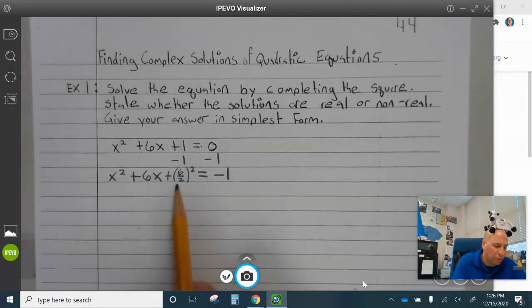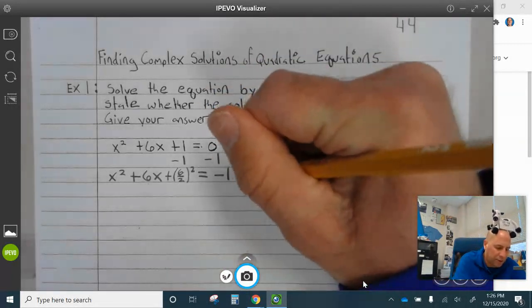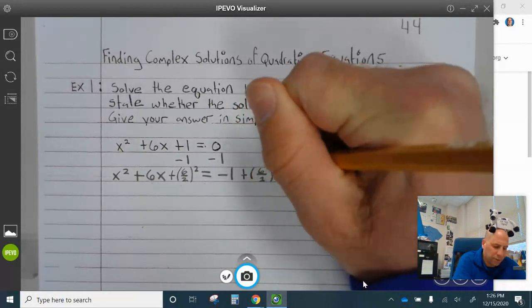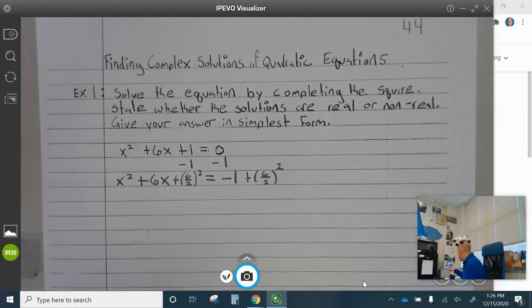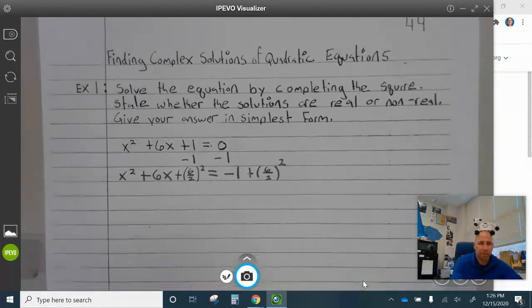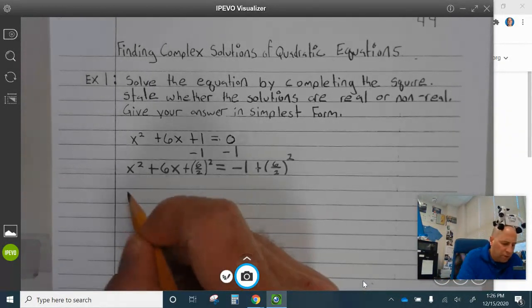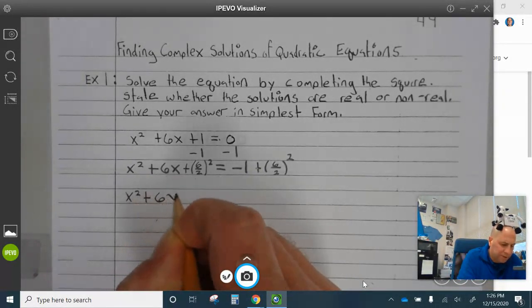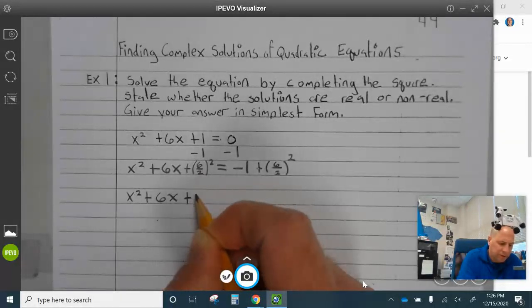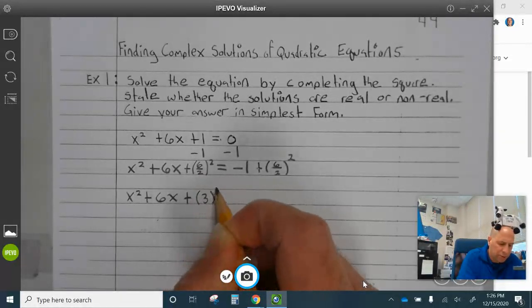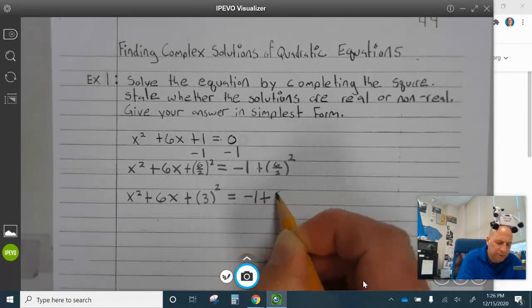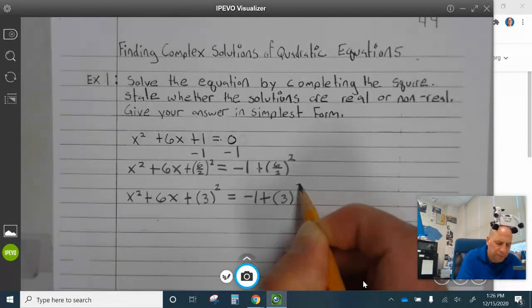But if you add something to one side of an equation, you have to add it to the other. So 6 divided by 2 squared because of the equality. So now that's x squared plus 6x plus 6 divided by 2 is 3 squared, which equals negative 1 plus 3 squared.